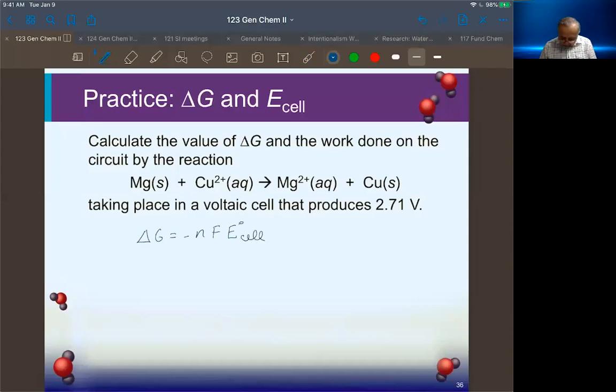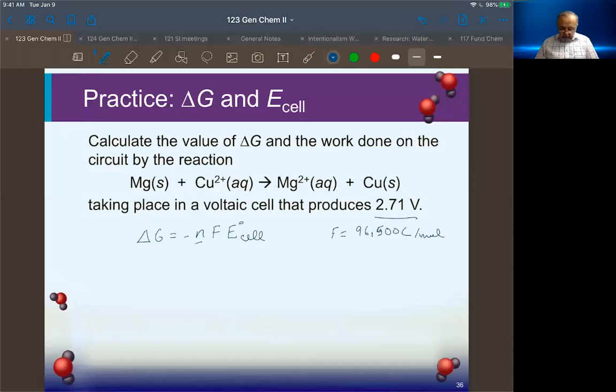And we have the E of the cell. Now we need the Faraday constant, which is 96,500 coulombs per mole. And N is the number of moles of electrons.